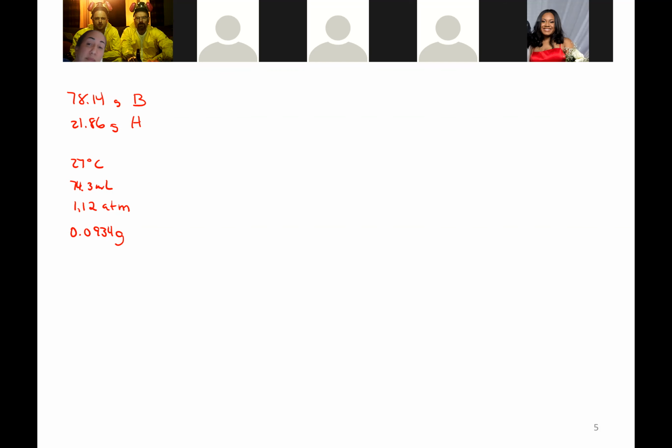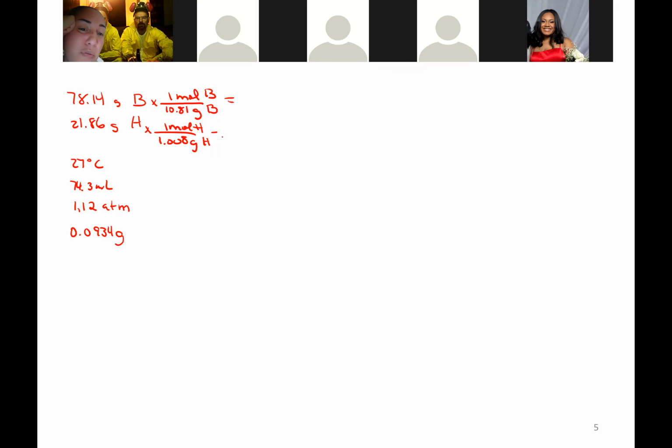Then you find the molar mass, or change the grams to moles. Thank you. So you would change it to moles, using the molar mass for that. The molar mass of boron is 10.81, I believe. Grams of boron is 1 mole of boron. 1.008 grams of hydrogen is 1 mole of hydrogen.